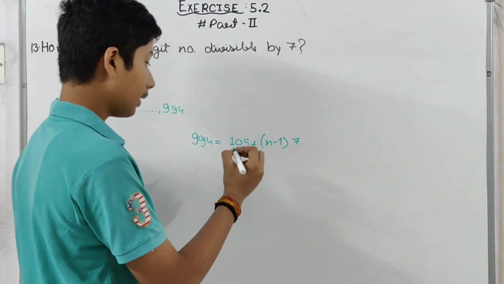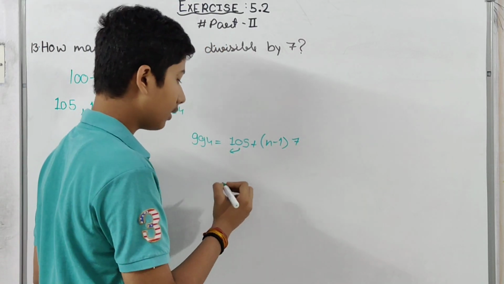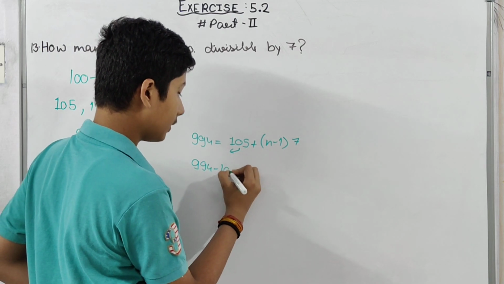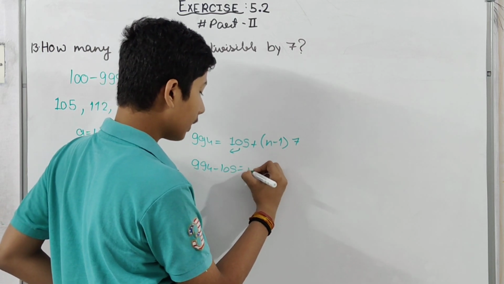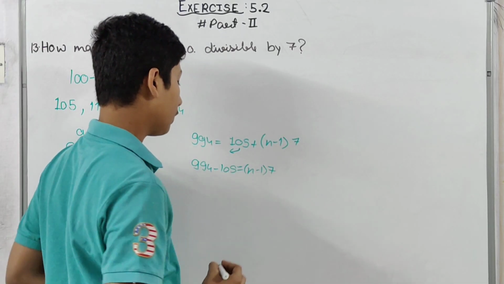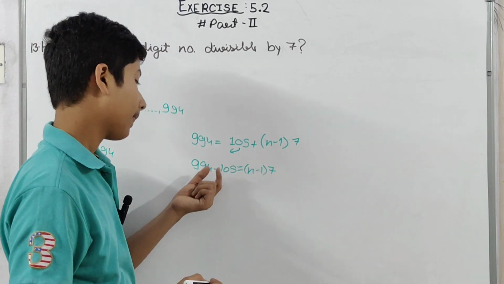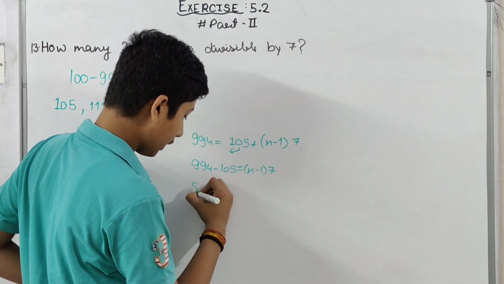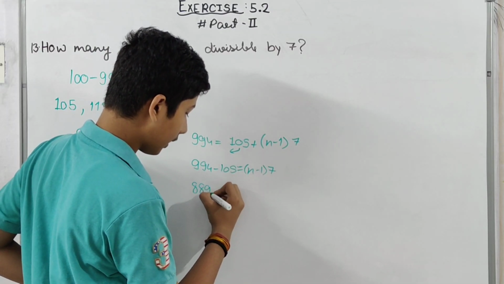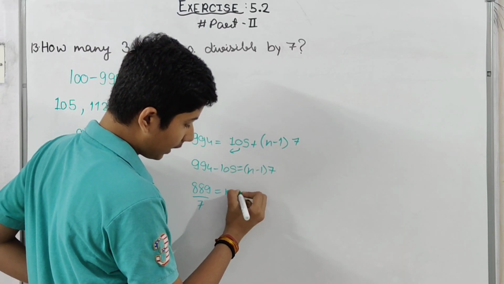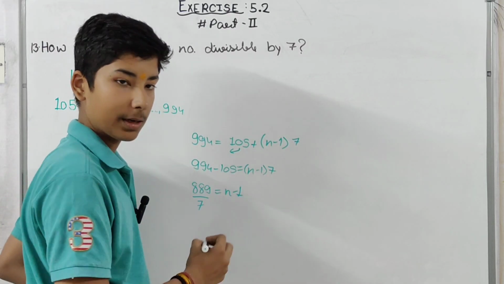Now we'll send it that side. So it will be 994 minus 105 equals (n minus 1) times 7. 994 minus 105 is 889, upon 7 equals n minus 1, because we'll send 7 that side.